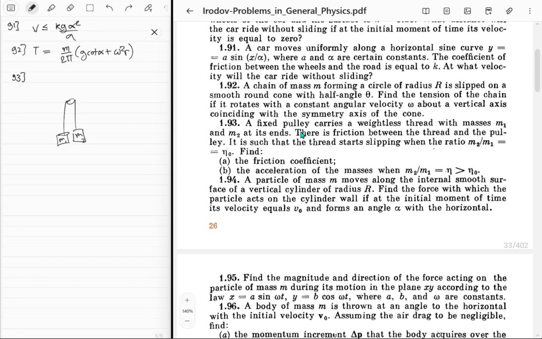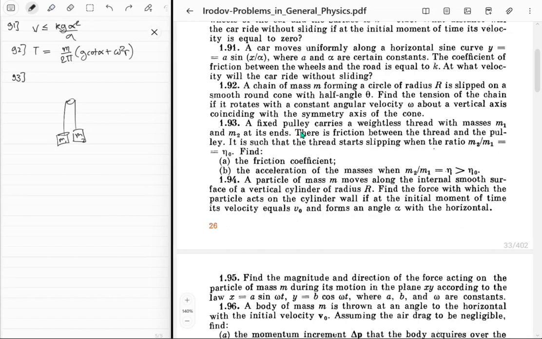Pulley, so it should be rotating, right? What if it's not rotating? What if the pulley is just made to be very smooth? What if it's not a rotating pulley in the first place? Generally it is, but what if it's not? In that case, we can solve this. But if it is rotating, don't we need the inertia of the pulley to do anything?